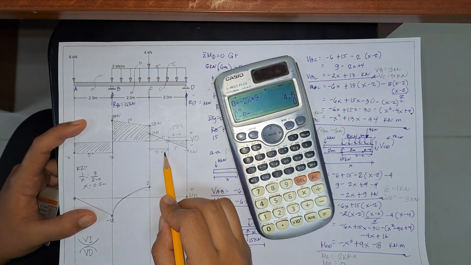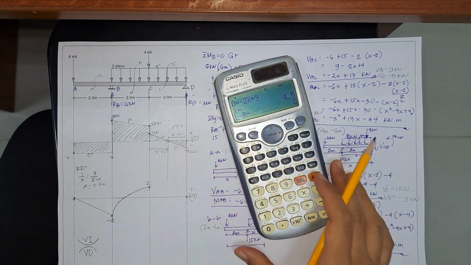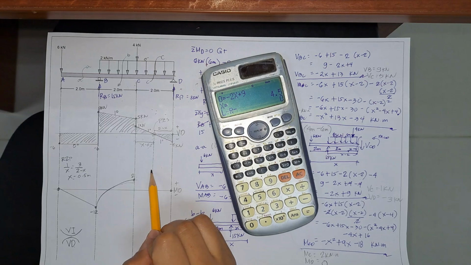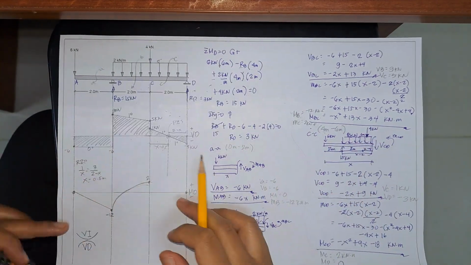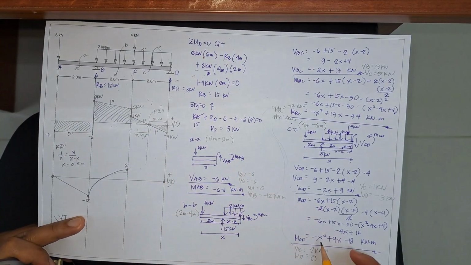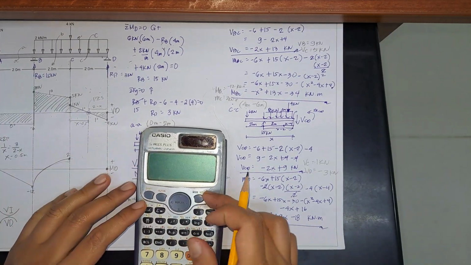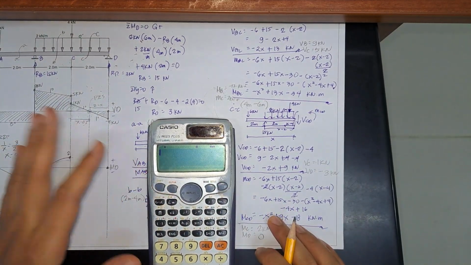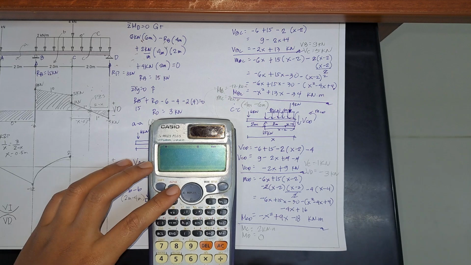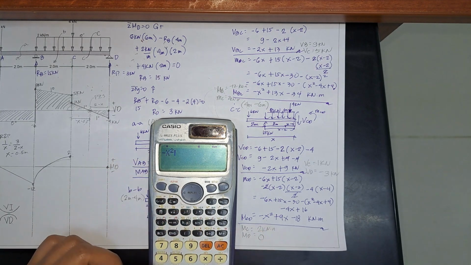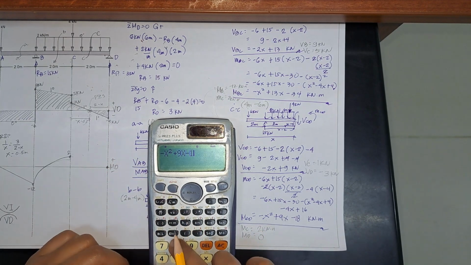So, since meron na po tayong distance na 0.5 dito, ang gagawin na natin to determine the moment is to substitute yung distance dito sa may moment equation. Di ba? I-substitute na natin. So, we have negative x squared plus 9x minus 18.